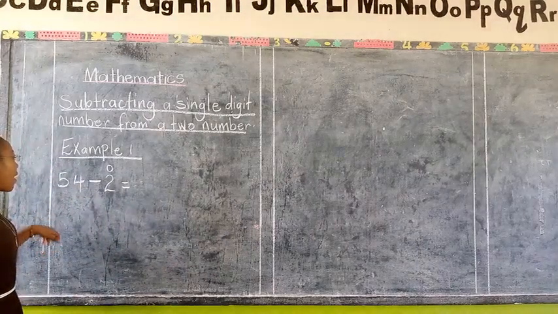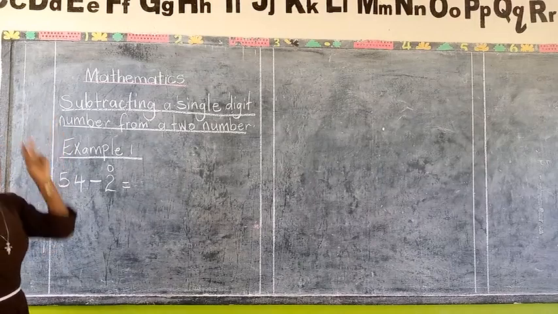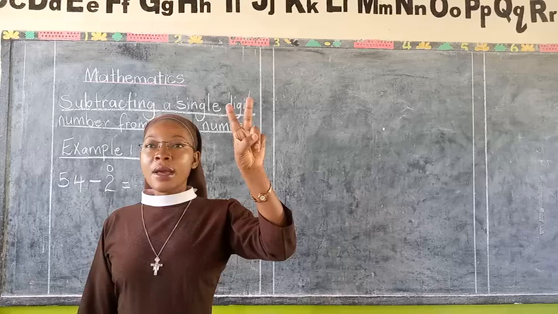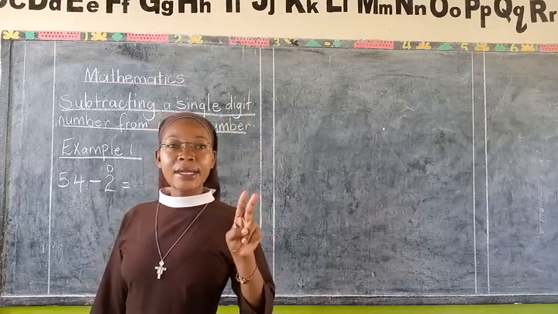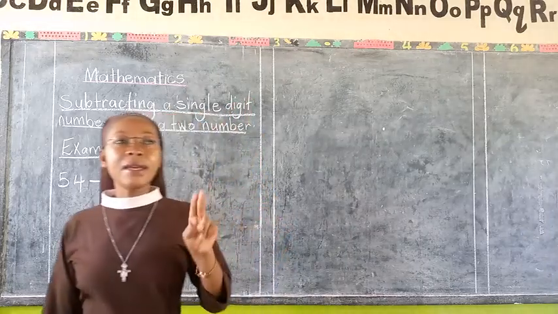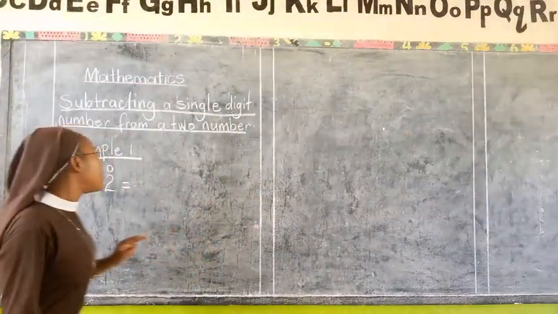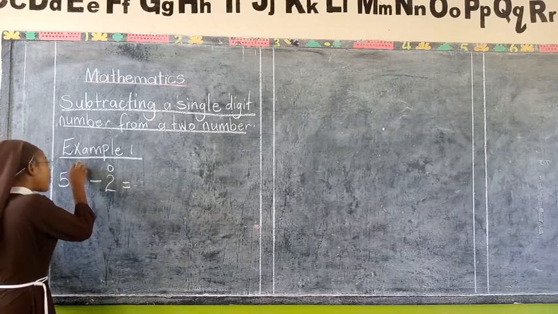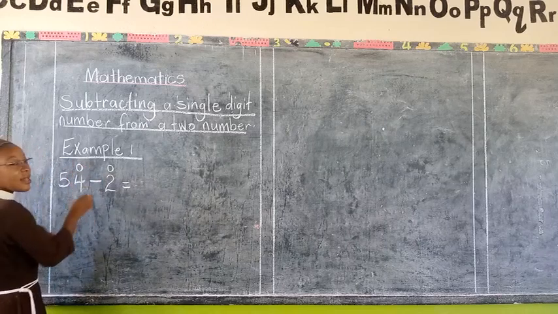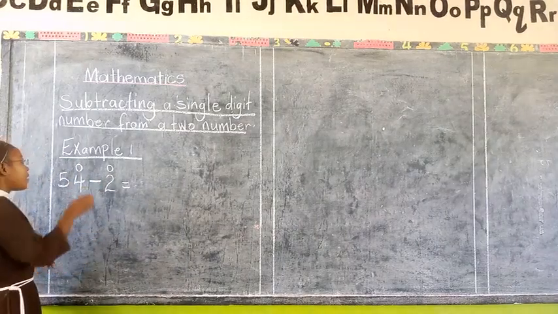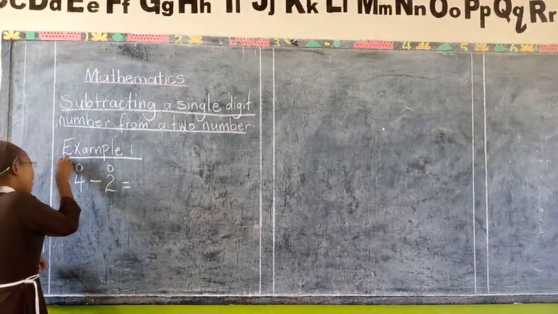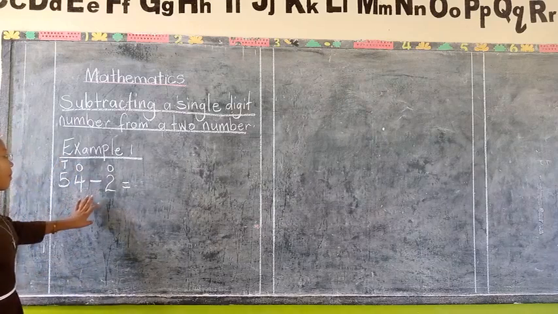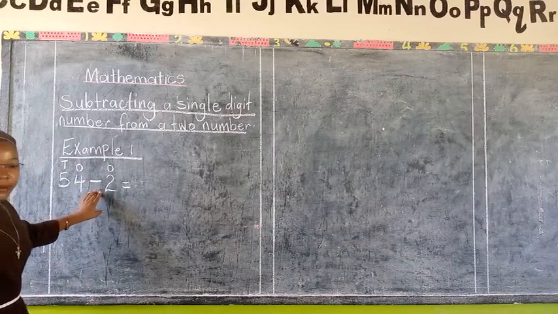Number 54 has 2 numbers, meaning it has 2 place values. But remember, whenever we are dealing with place values, we begin with the ones place values. Meaning, here we shall write ones, and the next place value will be tens, represented by letter capital T. So we have finished to mark our place values.